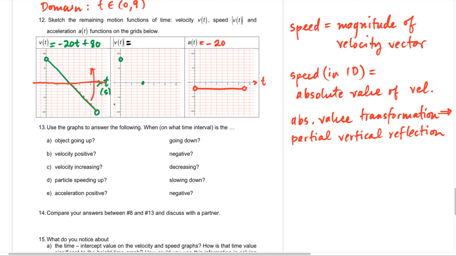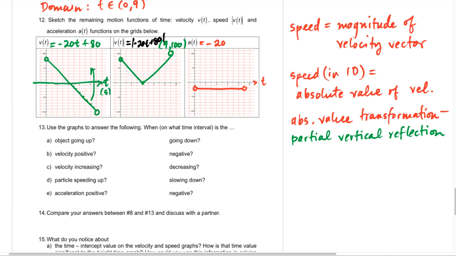I said the ordered pairs backward here. And so this is what we do when we get the modulus or the absolute value function. We're really performing a partial vertical reflection of the graph that was on the inside. Okay, so this is at 9, 100, and I'm just going to say that the speed function is the absolute value of negative 20t plus 80.